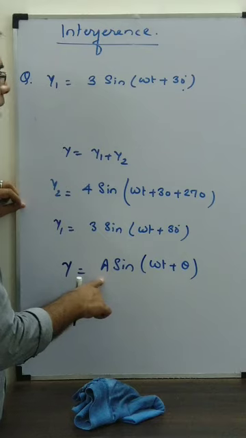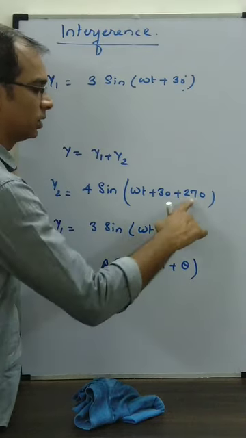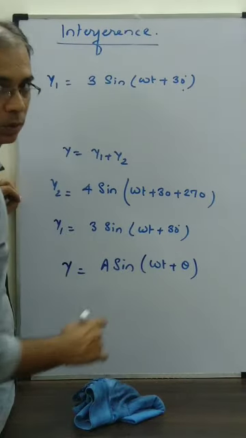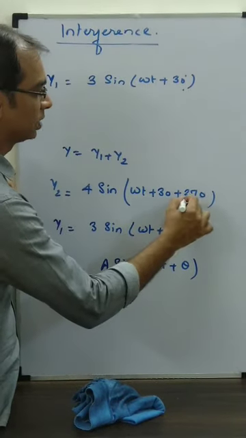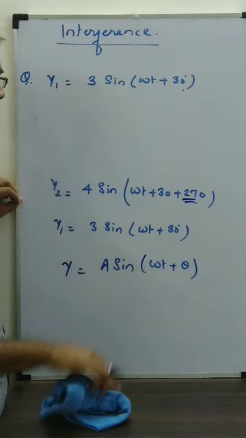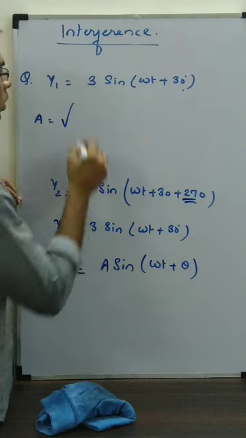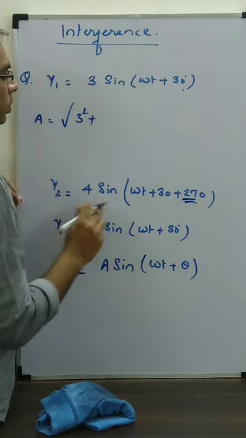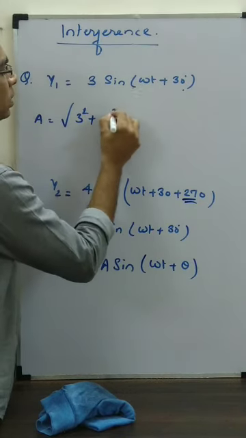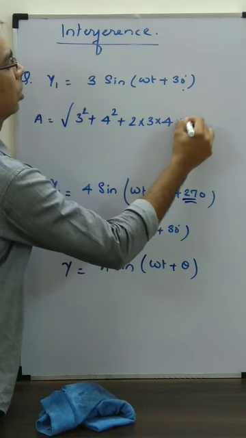Okay. Now what is A value? Before that, to find out A value, we have to find what is the phase difference between the two. What is the phase difference? You can see that phase difference is 270. So if we add it, A equals the root over 3 square plus 4 square plus 2 into 3 into 4 into cos 270.